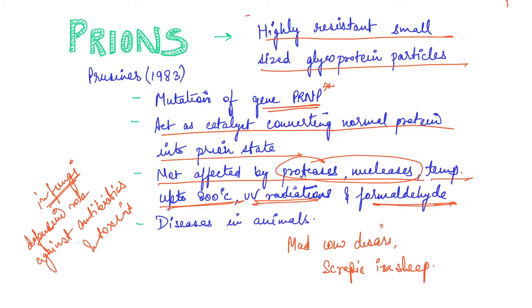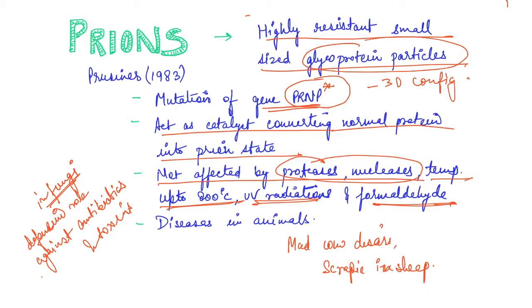They were discovered by Prusiner in 1983. How is it formed? It is formed by mutation of gene PRNP, which causes changes in 3D configuration.